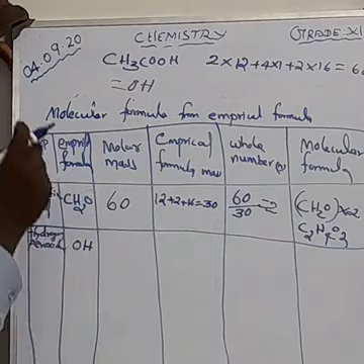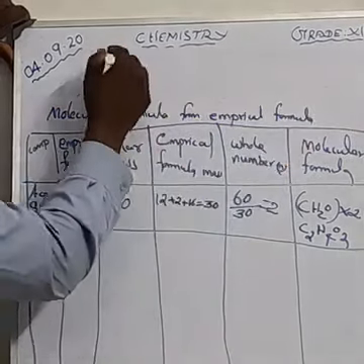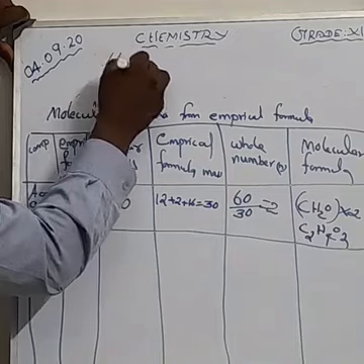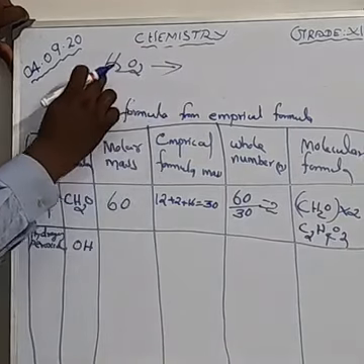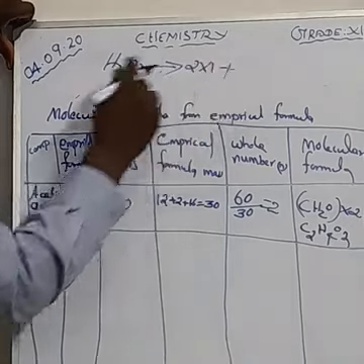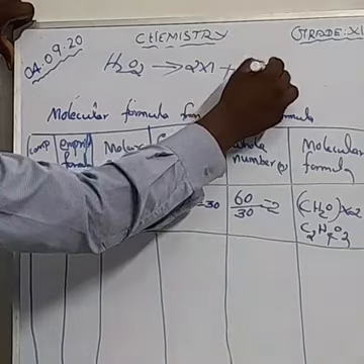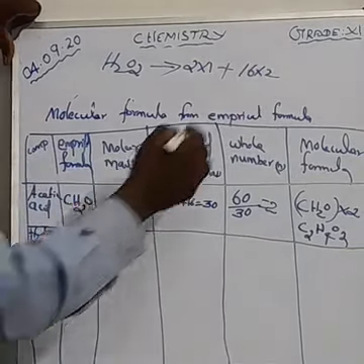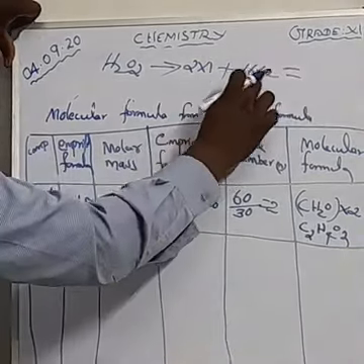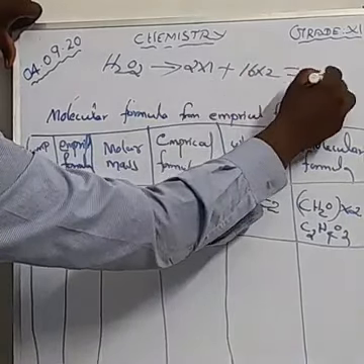Next, the molar mass of hydrogen peroxide. What is the molar mass of hydrogen peroxide? That is H2O2. The molar mass: 2 into 1 plus oxygen 16 into 2, which is 32. 32 plus 2 is 34.